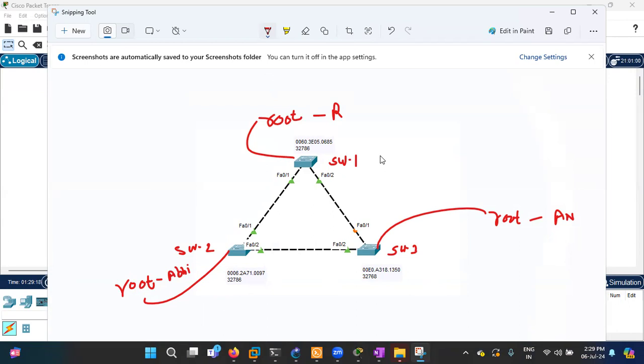Rahul: MAC ID, the lowest MAC ID number. Okay. So the MAC address is lower. For example, 603E. Here is 2A. So how can you say the MAC address is lower? It's 2A, right? Here it's 3E. Here is a 3. Here is a 2. Okay, Anurag, why are you saying this is the root switch? MAC address.